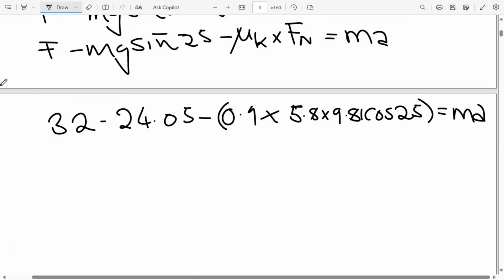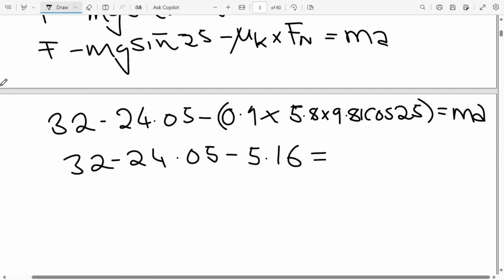This is 51.57. I'm going to say 32 minus 24.05 minus mg cos theta multiplied by 0.1, which gives me 5.16. This will be equal to 5.8 multiplied by acceleration.